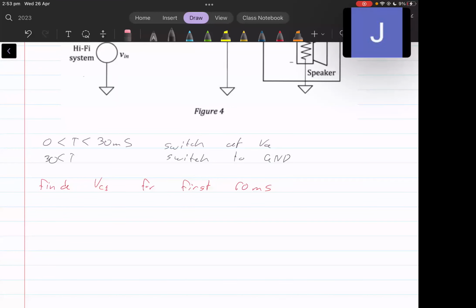We'll probably start off with a formula here. Does anyone know what that should be?